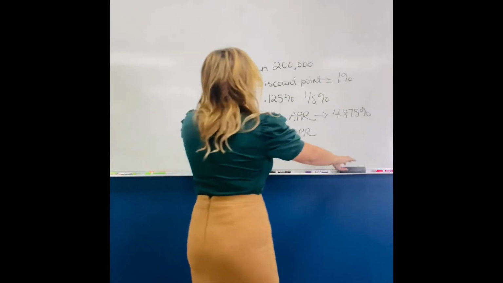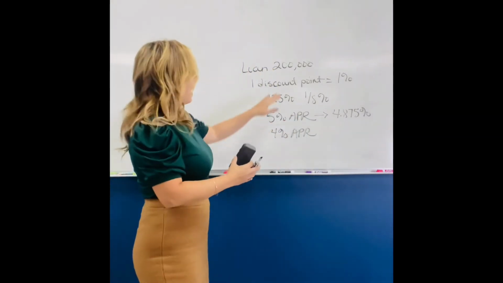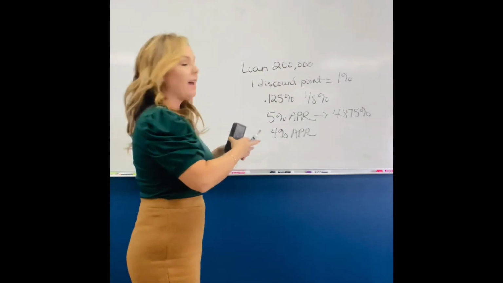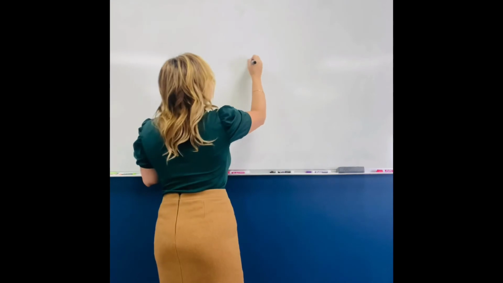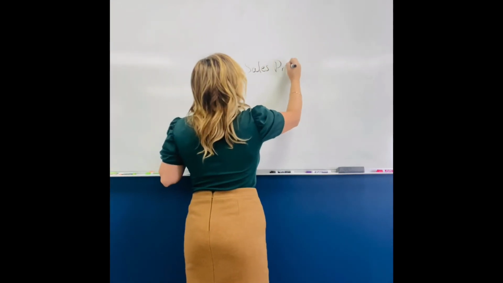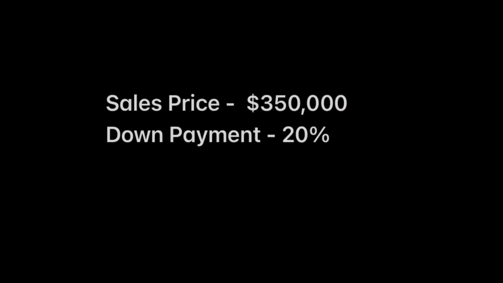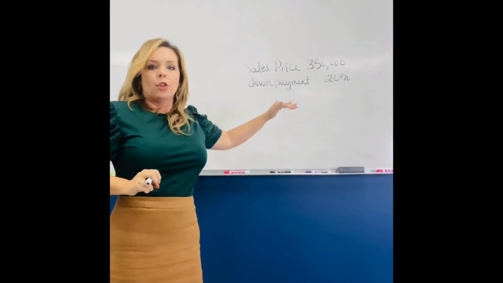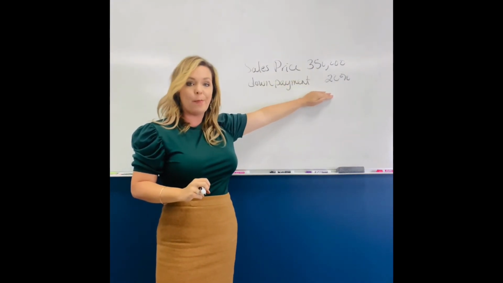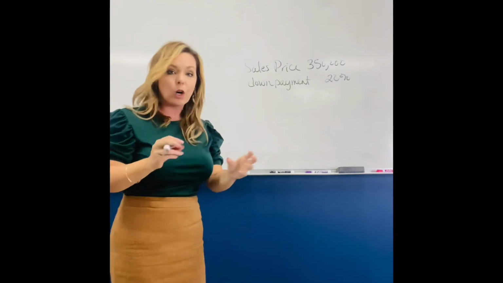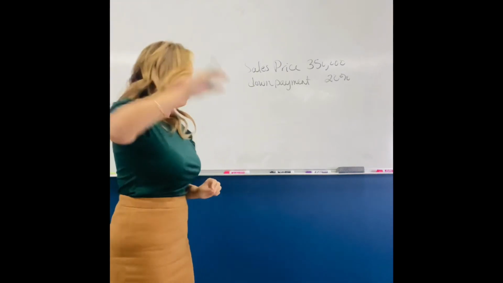Now, this example was based off of a loan, but let's talk about a sales price. So let's say we have a sales price of $350,000, and they are putting down a down payment of 20%. So how are we going to get our loan from the sales price out of this?